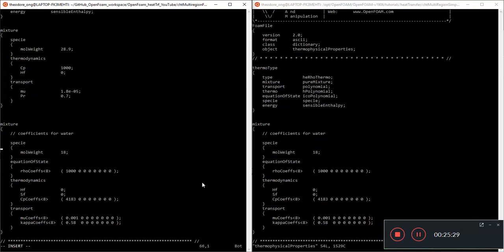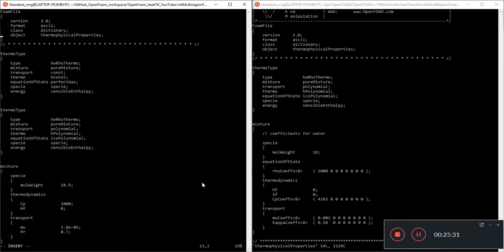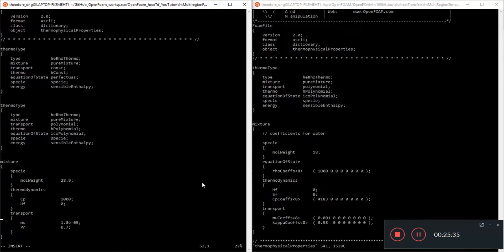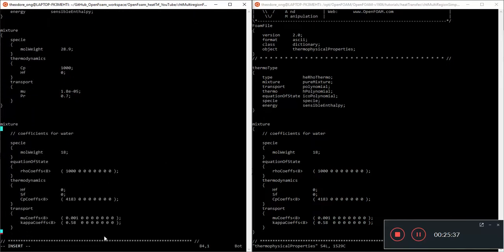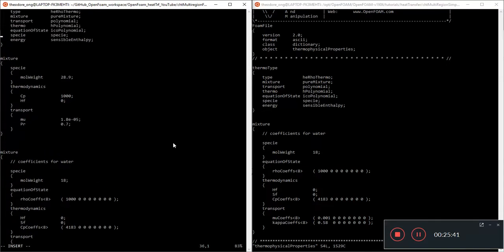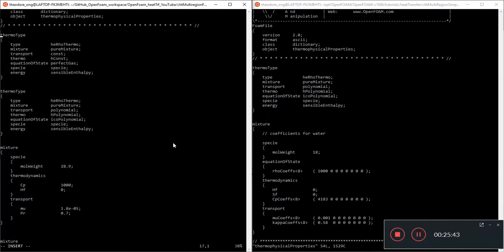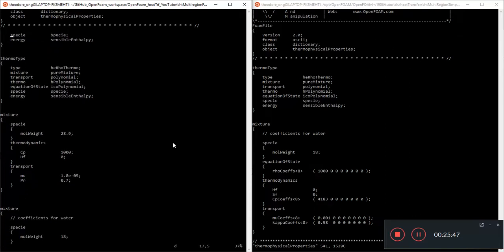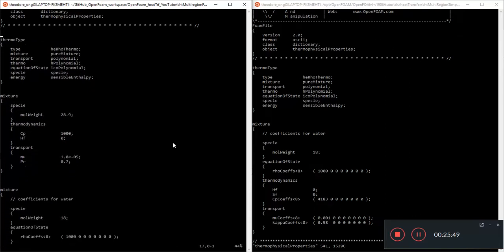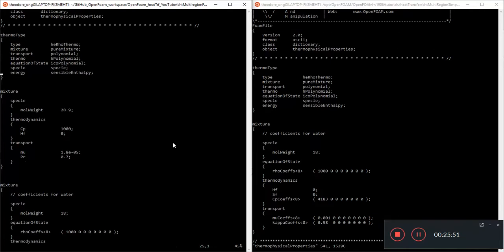And of course, we're not going to use constants for water. We want to use it for some sort of oil, hopefully with all these coefficients predetermined for us, so that we don't have to rack our brains around how to find all these numbers. So let me delete the older ones first, and this one as well.